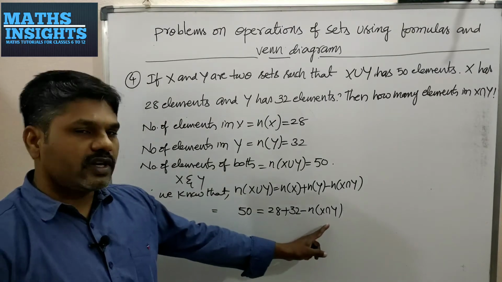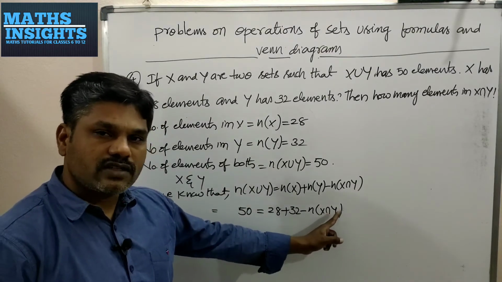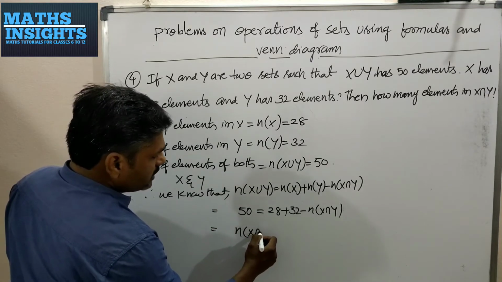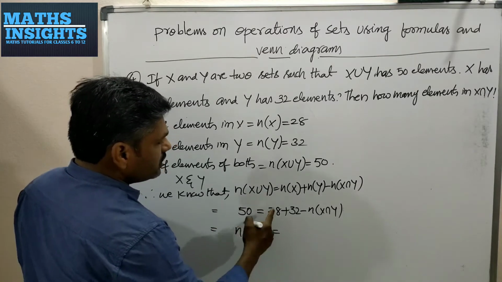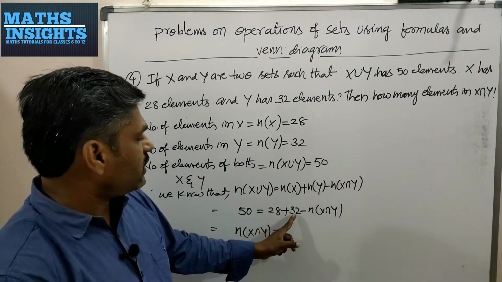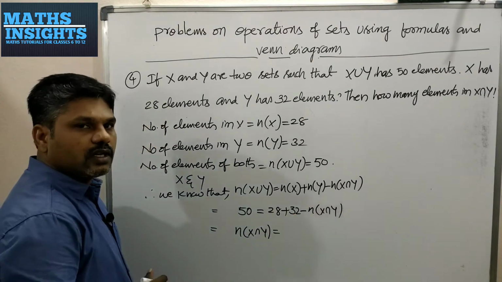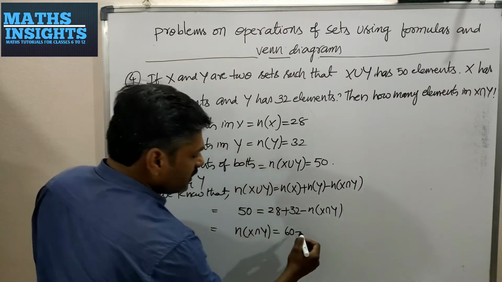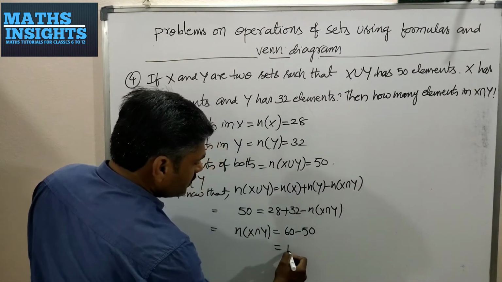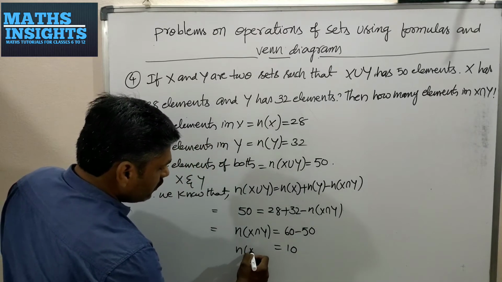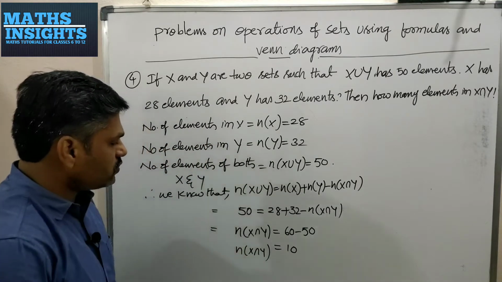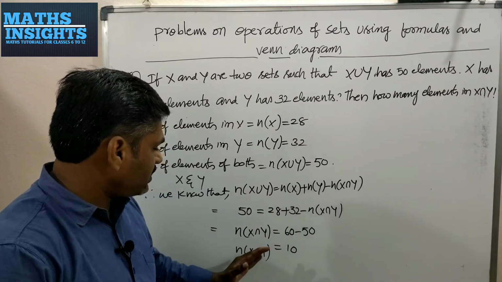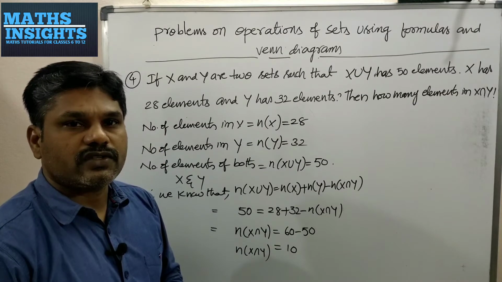Therefore I will bring n(X intersection Y) to this side, then it will become plus. n(X intersection Y) is equal to 28 plus 32, that is 60, and 60 minus 50 is equal to 10. That means n(X intersection Y) is equal to 10, which means the common elements in both X and Y are 10 elements.